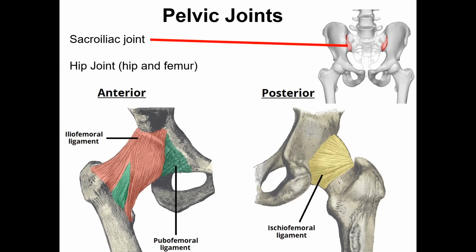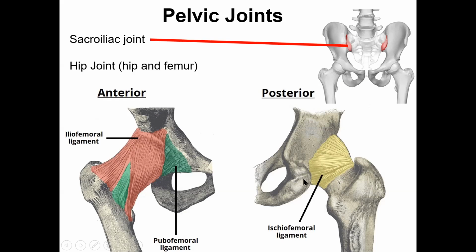Important ligaments that help to anchor or secure this joint are the iliofemoral ligament. So the iliofemoral ligament is this red ligament here. It's articulated between the femur and the ilium. Then we've got the pubofemoral ligament, which articulates between the pubis, right, the anterior portion of the pelvic bone, and the femur.